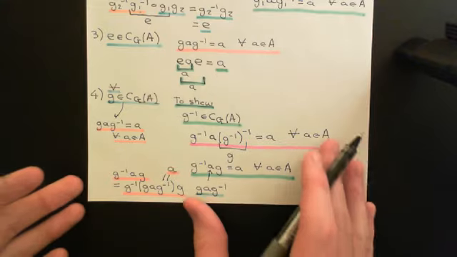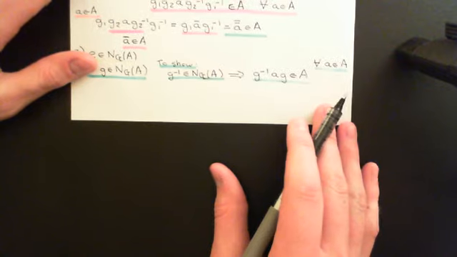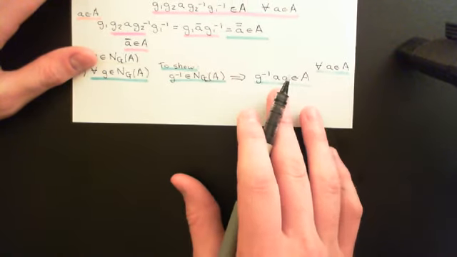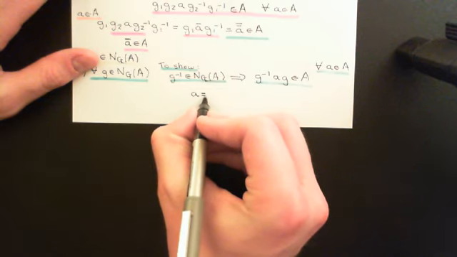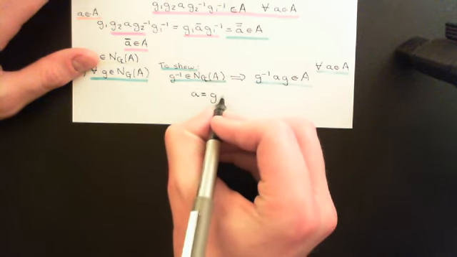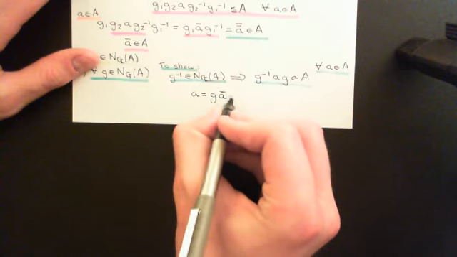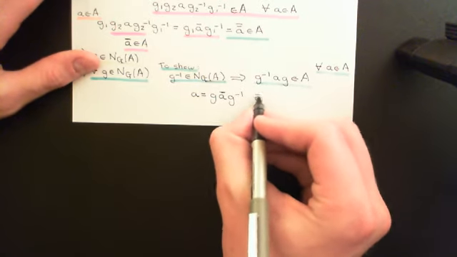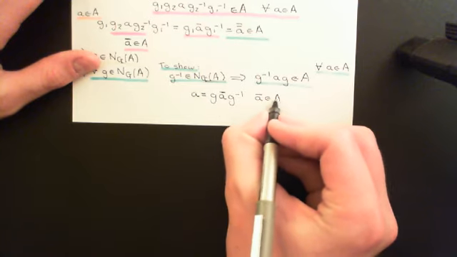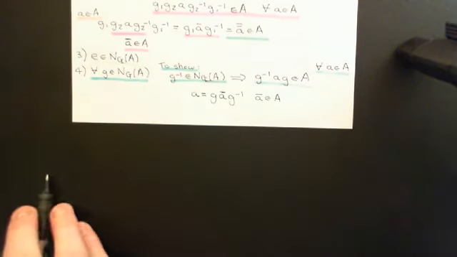Here it's a little bit more complicated, but we're going to try and do the same thing. So what I would like to do is replace little a here with something of the form little g, little a bar, little g inverse, for some little a bar that is an element of capital A. Let's appreciate exactly what I'm saying here.